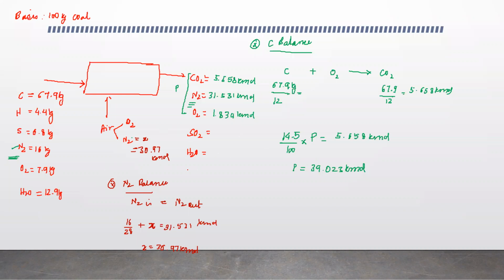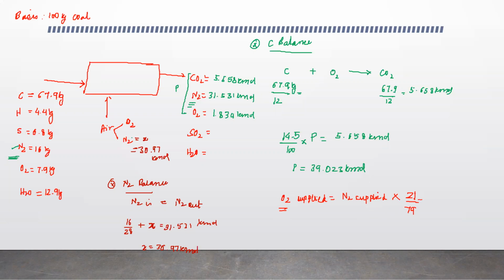Now, as I told you, we can calculate oxygen supplied from nitrogen supplied. That is done by oxygen supplied is equal to nitrogen supplied into, as I told you, whatever is in the LHS, we are going to keep that percentage on top. So that is 21 upon whatever is in the RHS, we are going to put that percentage on bottom. So 79.